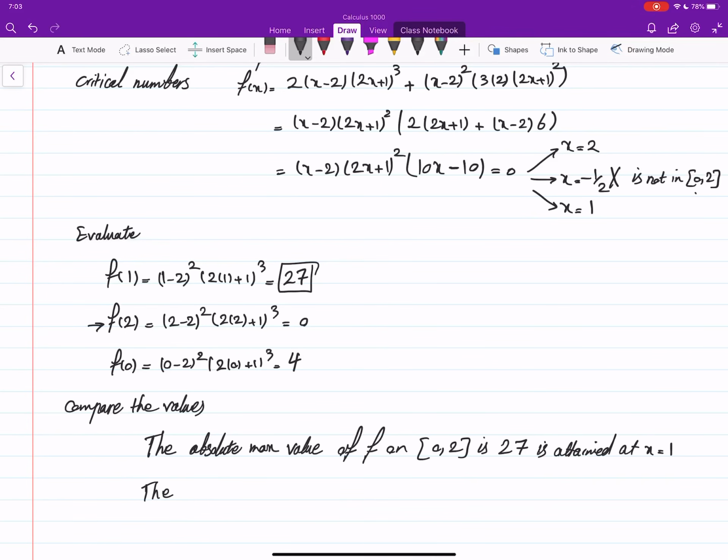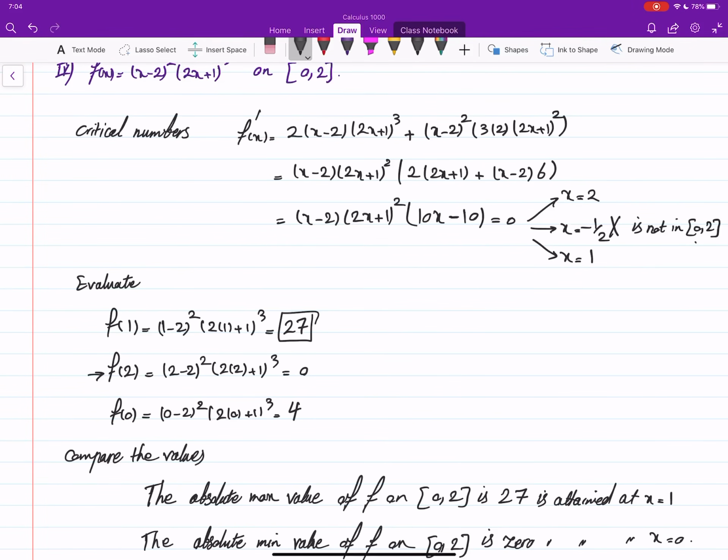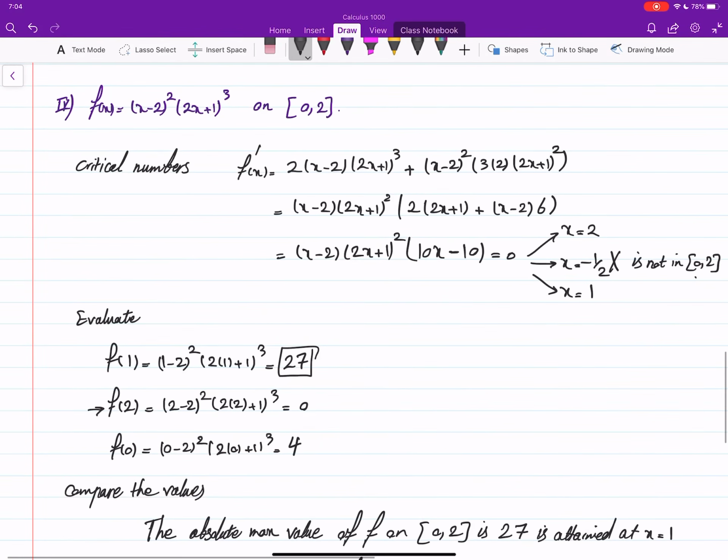The absolute min value, on the other hand, of the function on 0, 2 is 0 and is obtained at x equal to 0. So you find critical numbers, evaluate, and then compare. That's how you find the maximum, minimum, absolute max and min of the function on the given interval.